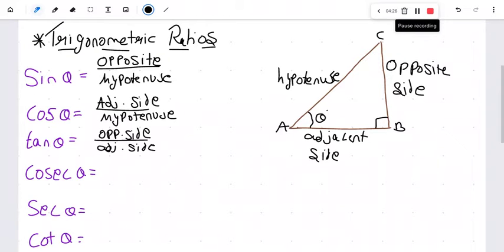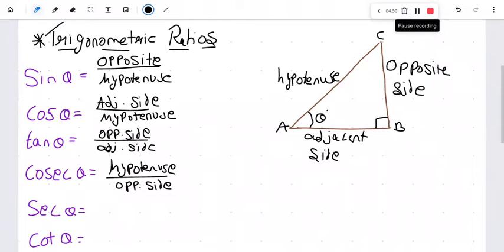It is the reciprocal of sine theta, which means hypotenuse divided by opposite side.